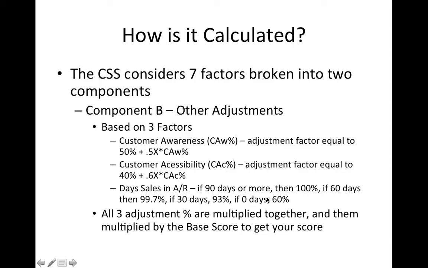If you don't do well on this and this factor winds up being like a 40, you're talking about taking 80 points times 40%, 32 points. You went from 80 points to 32 points just because of these factors. So they are a big deal. They can be considered in a lot of respects every bit as big a deal in terms of helping you compete as any of the individual criteria.